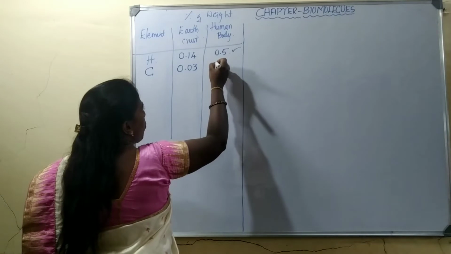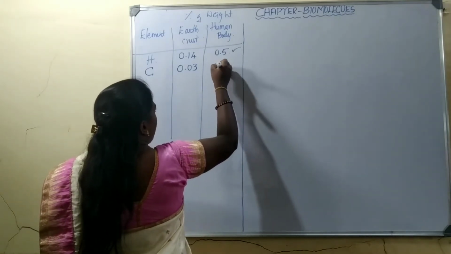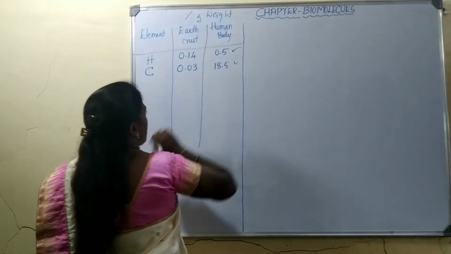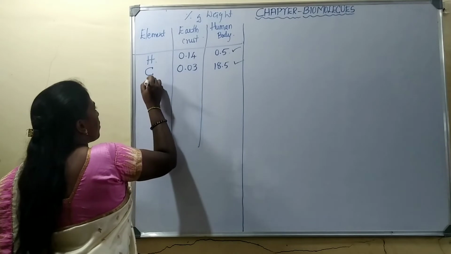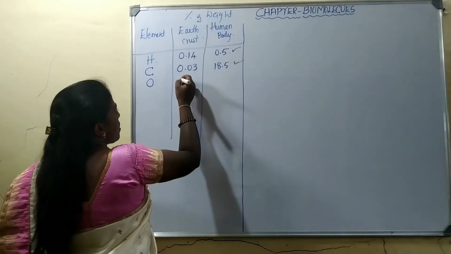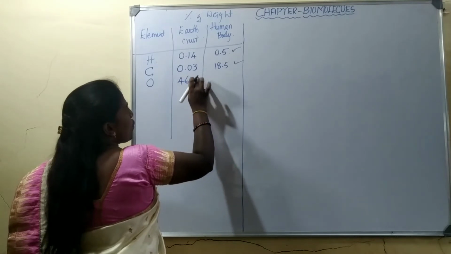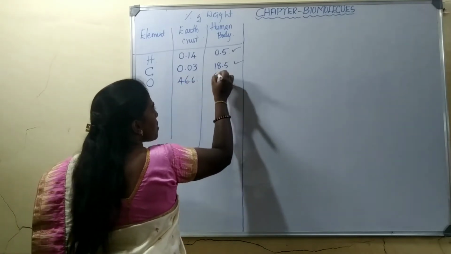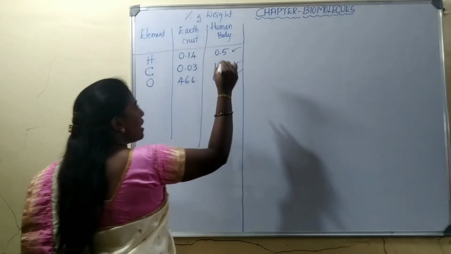In case of human body, it is 18.5%. It is also more in case of living. The next one is oxygen. Oxygen in earth crust is 46.6%, whereas in case of living, it is 65%. It is also more in case of living.